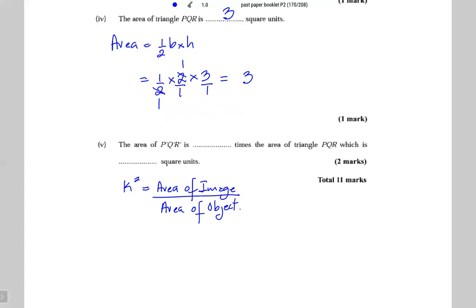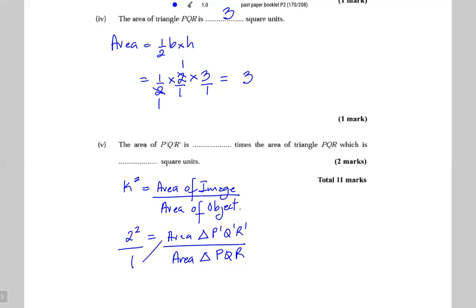Now K is 2, so 2 square is equal to the area of triangle P prime, Q prime, R prime divided by the area of triangle PQR. If I have one fraction equal to one fraction, I would cross multiply.